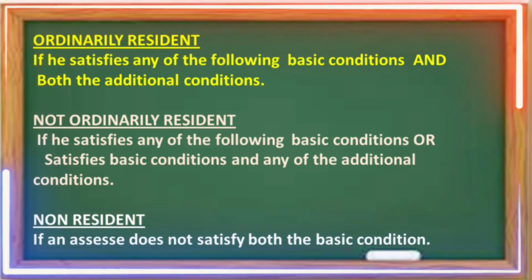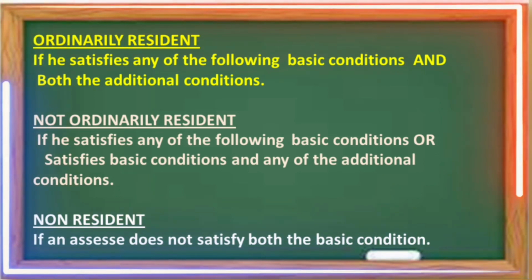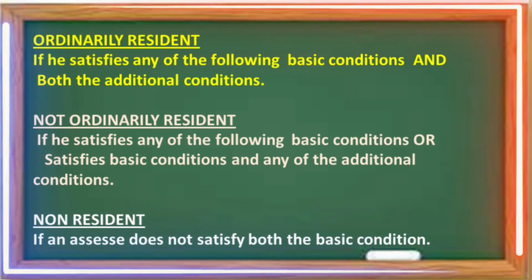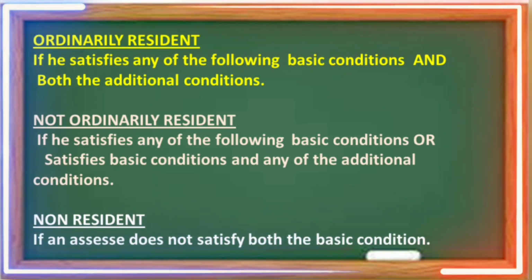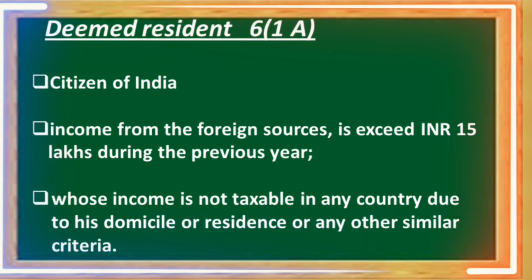Second case, an assessee satisfying any one of the basic conditions but not satisfying both the additional conditions, or satisfying only one of the additional conditions, is not ordinarily resident.